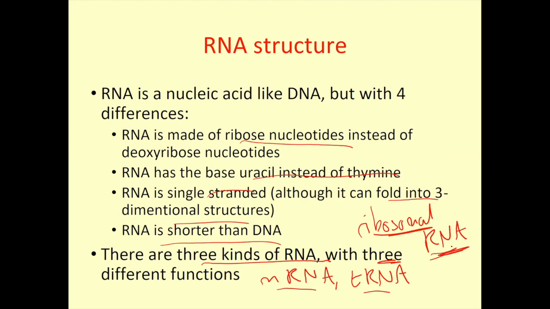There is a type of RNA that makes up the ribosome, and you literally don't need to know any more than that, folks. But in this question, we're going to go with three kinds: mRNA, tRNA, ribosomal RNA.